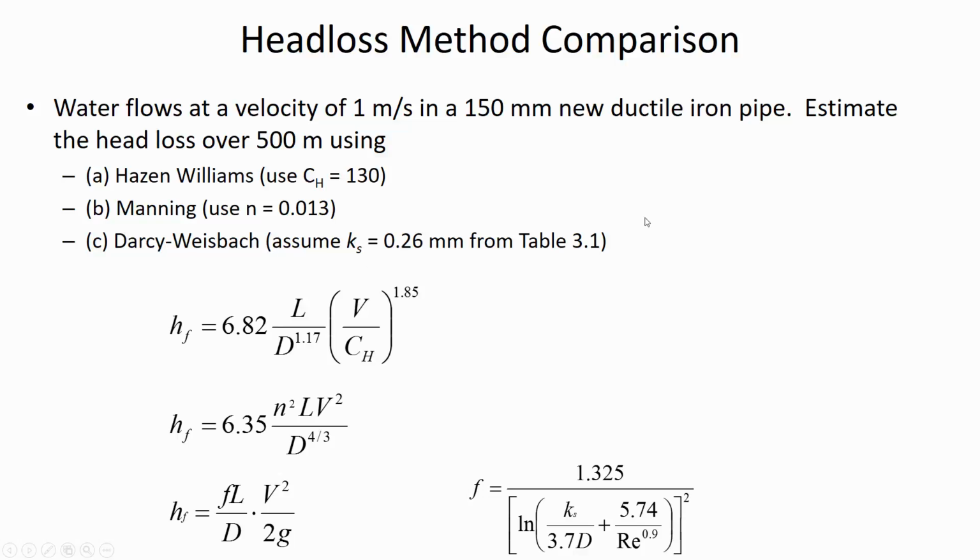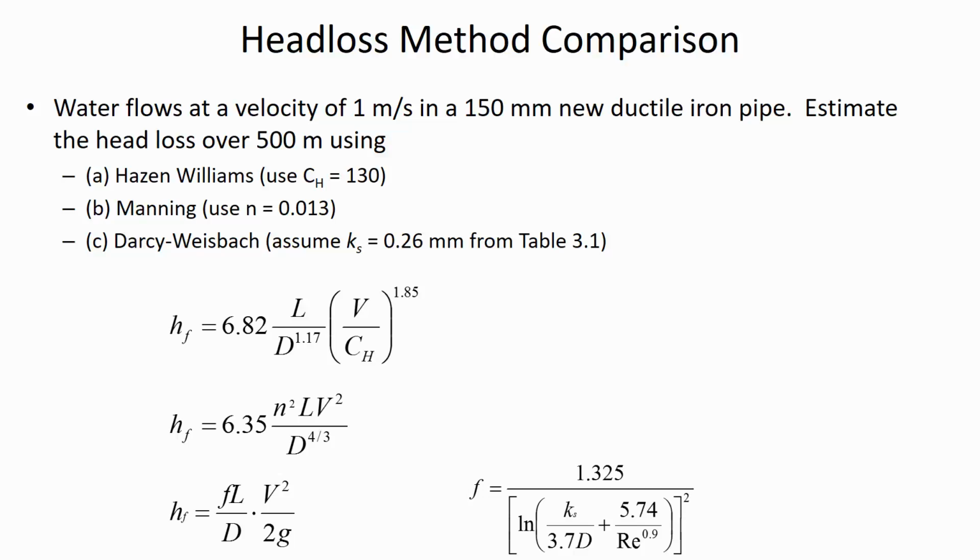The Darcy-Weisbach is the gold standard in accuracy, and if we really wanted to be picky, instead of using Jain, we could use the Colebrook equation, but Jain does a pretty good job, as we've previously demonstrated. So let's find out for water flowing through a pipe that's ductile iron at a velocity of 1 meter per second, then what's the head loss over 500 meters of pipe, according to each of the three methods.